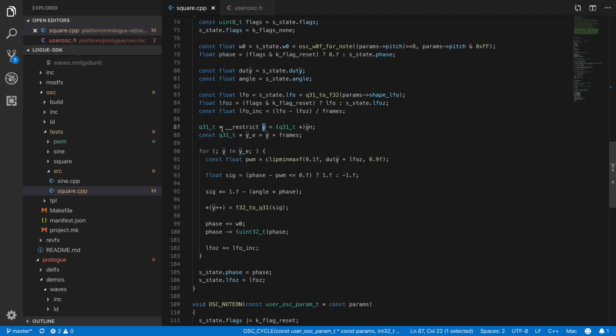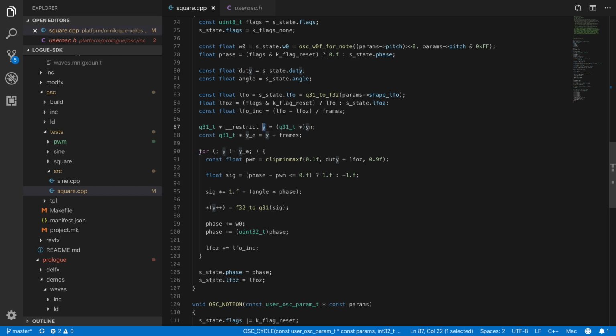All right, so we get our pointer initialized to the beginning of the buffer, and we also compute the end pointer, that's the end of the outputs. Of course, if that's the beginning of the buffer, then the beginning plus the number of frames is going to yield the end address of the buffer.